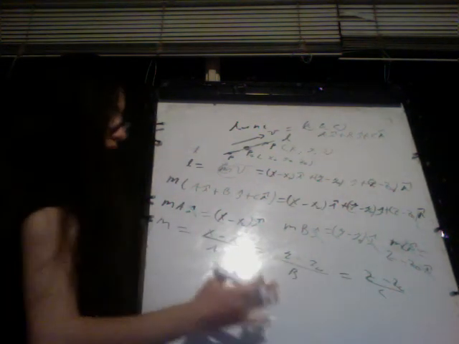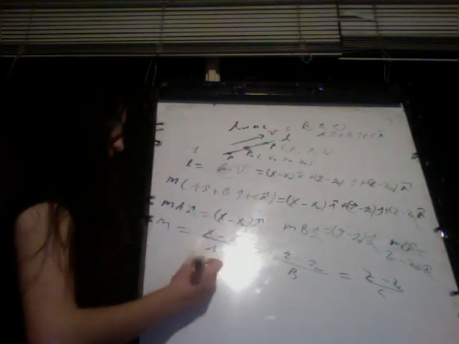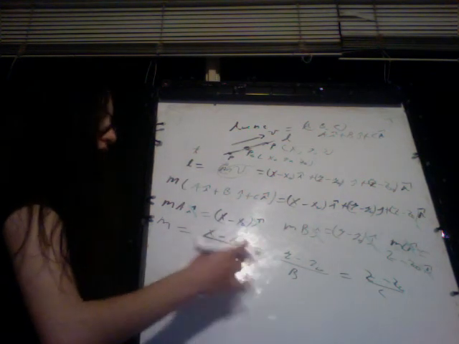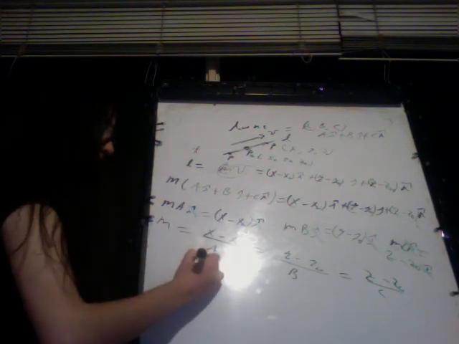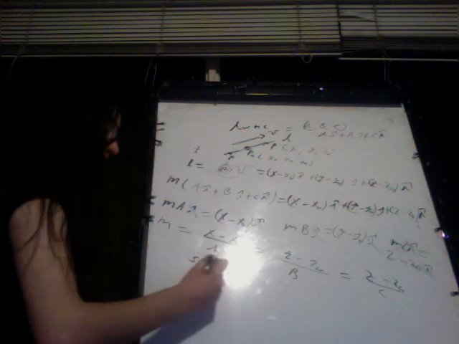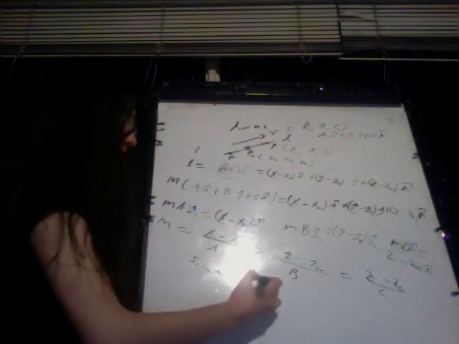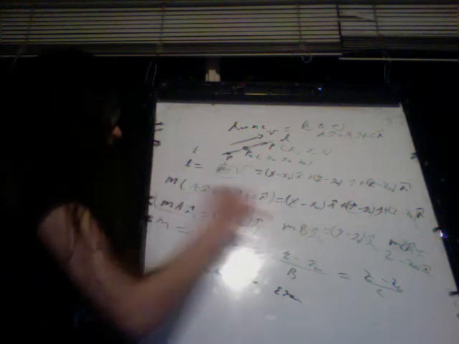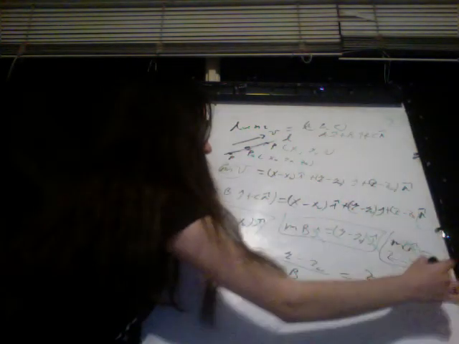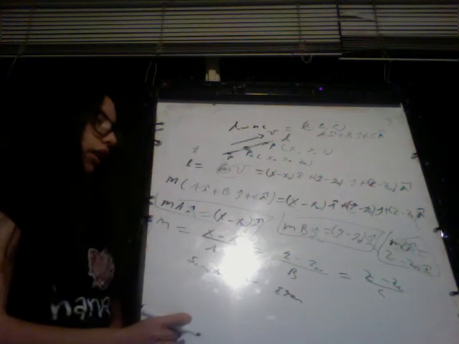These are called the equations of the line. These are the symmetric equations of the line. The earlier ones are called the parametric equations of the line.